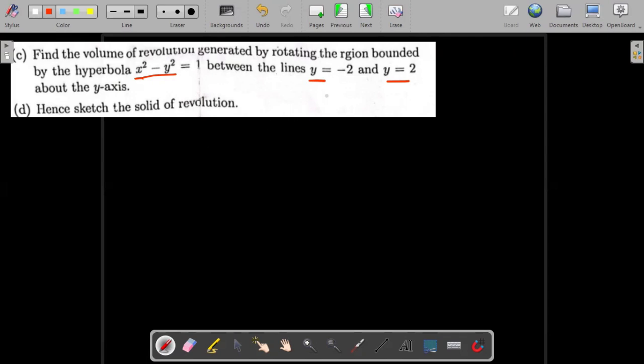And when you're dealing with the y-axis in this case, your volume is going to be given by pi, then from a to b, those are the bounding points, then the function f of x, and this must be squared.